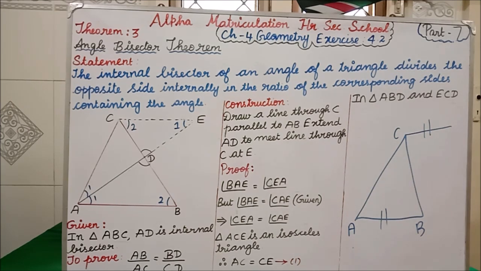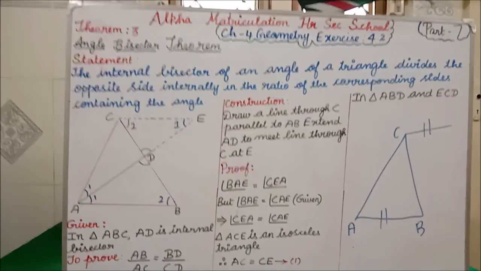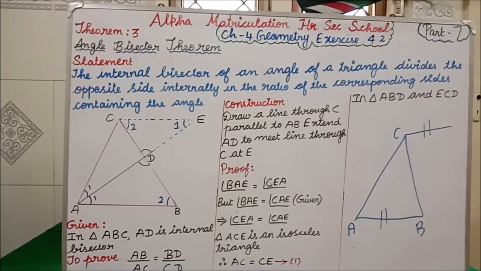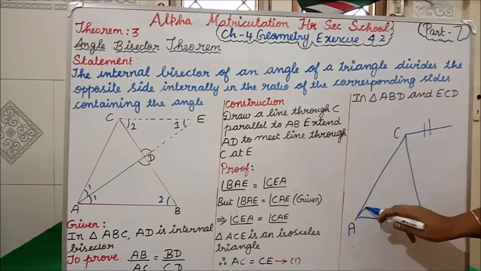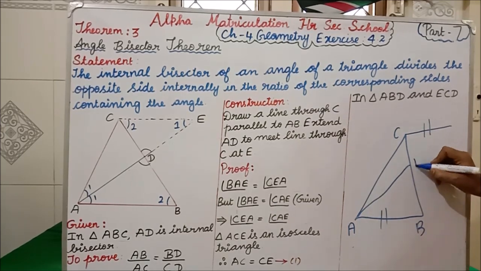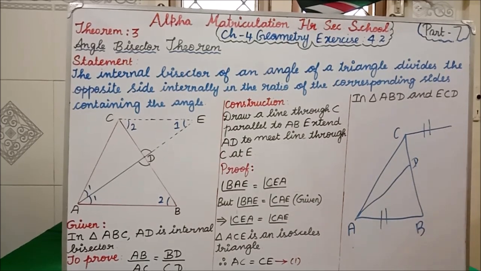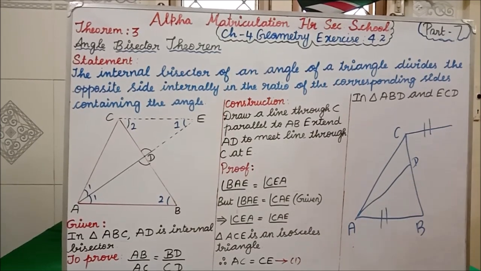We have to extend. Now, we are extending the AD line. Here we have drawn the internal bisector, isn't it? From here to here we have drawn the internal bisector D. So now in the construction we are extending this AD line.